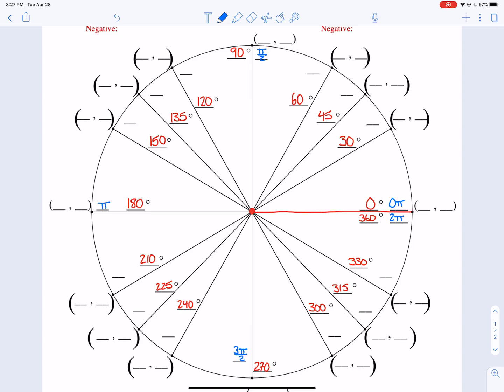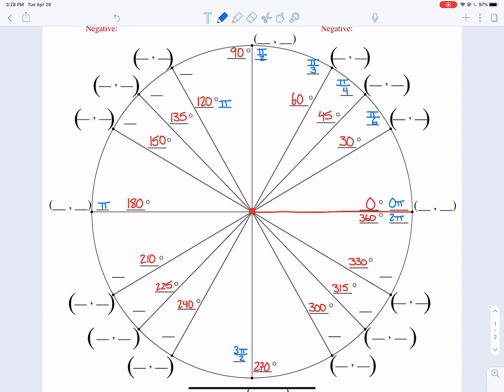So if you take each measure and convert it, let's say 30 times pi over 180, that would give us pi over 6. If we have 45 times pi divided by 180, we would get pi over 4. And then 60 would be pi over 3. And then we keep going around the circle.